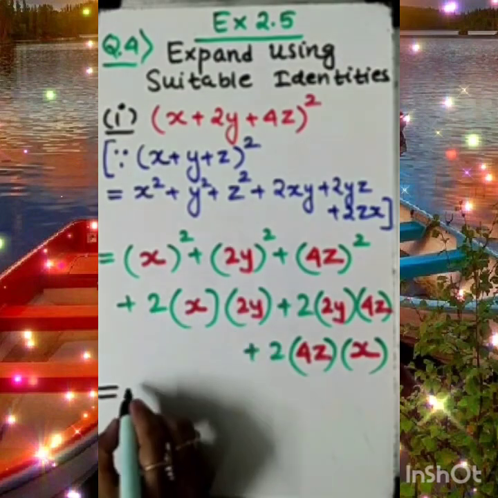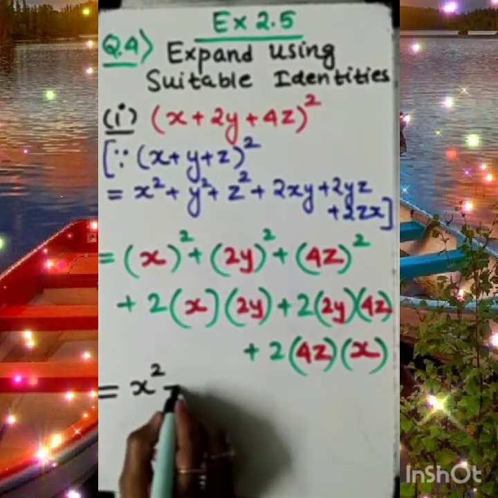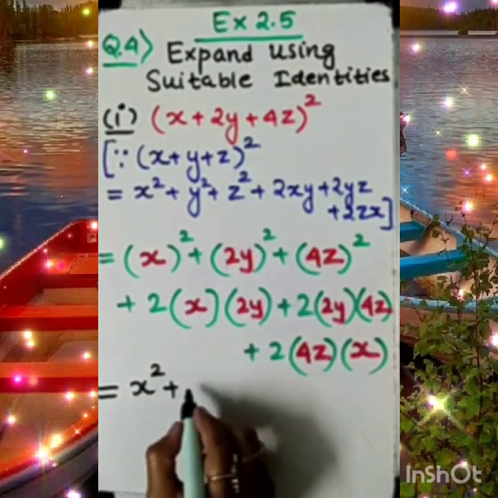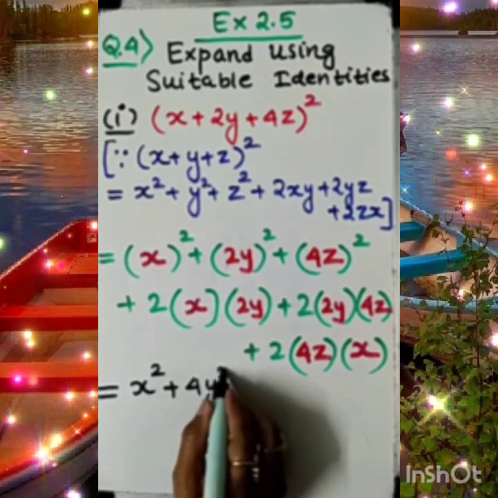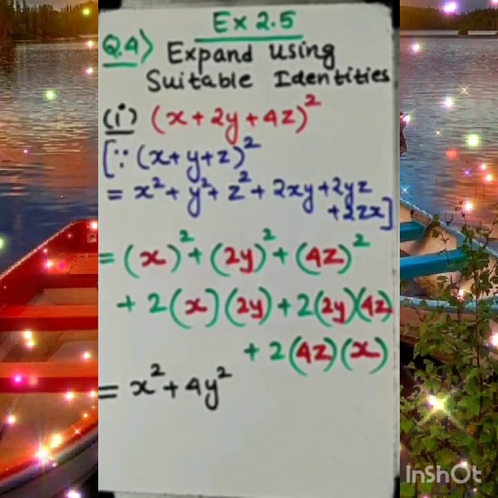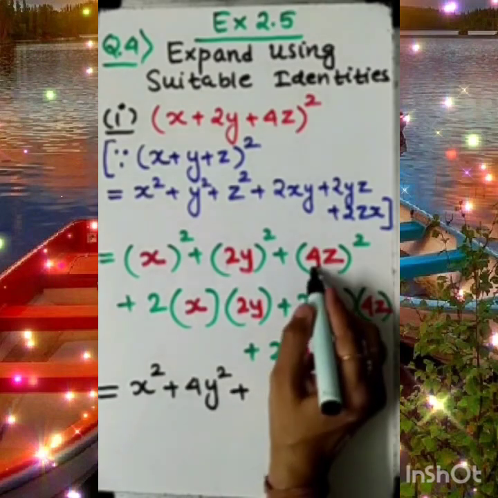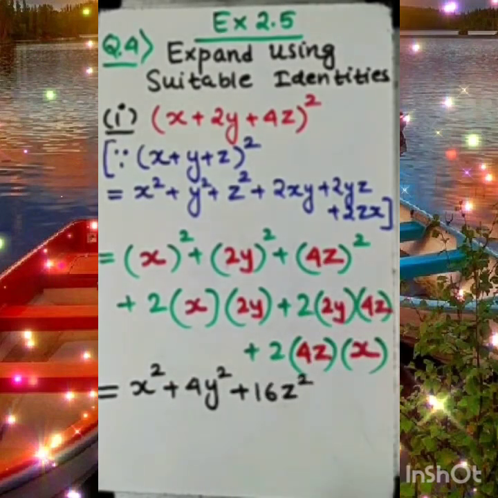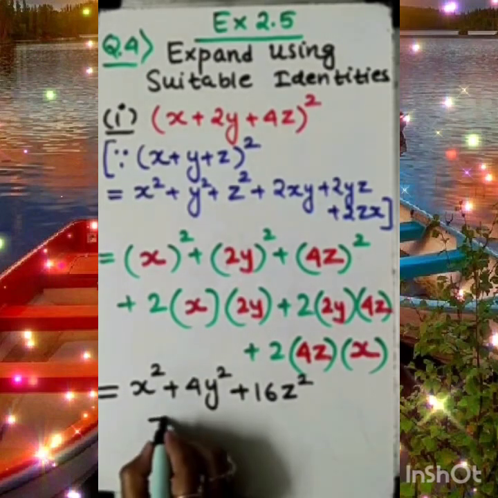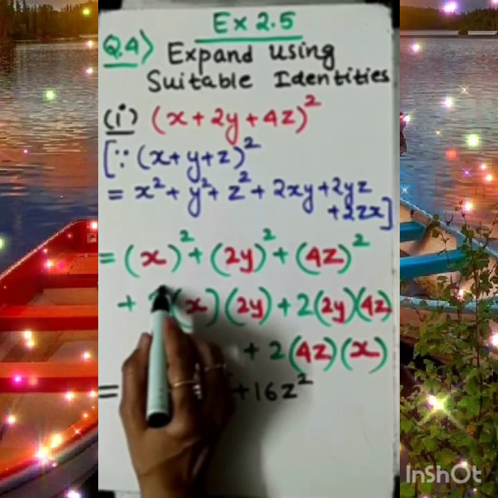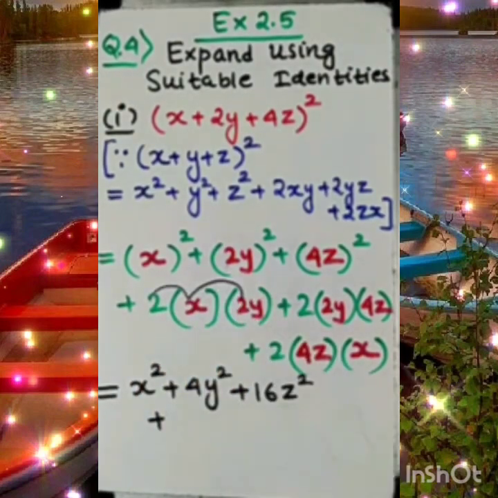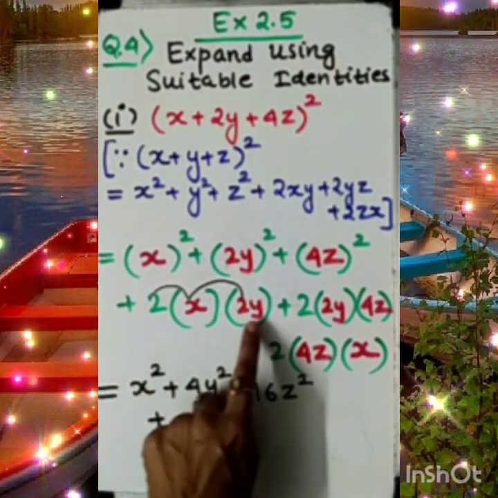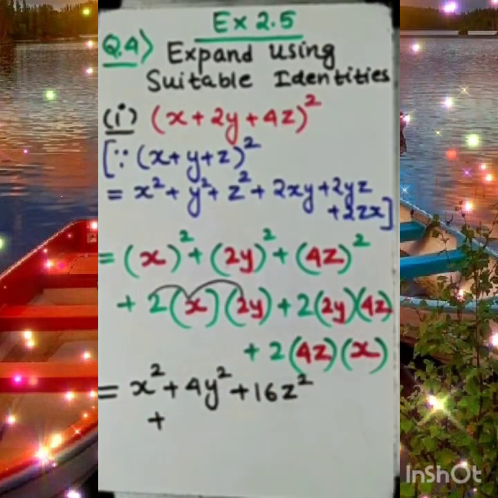Now the square of x, we know, is x square. Of course, we know 2 square is 4, along with the variable square, that is 4y square. Plus 4 square is 16, so 16z square. Clear to you? Plus, next step: let's multiply, because all three terms are connected with a product.